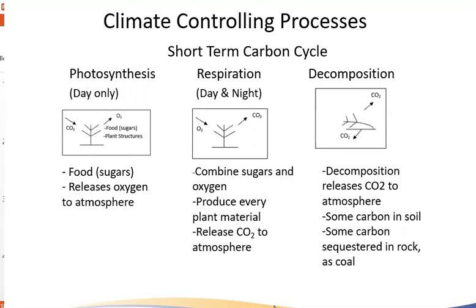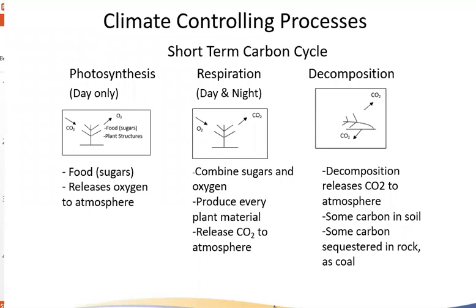So let's move to the middle picture there. Both day and night plants respire just as we do. They combine oxygen which they draw from the atmosphere, and the sugars and starches that they produce through photosynthesis to produce energy for the plant and plant materials for its structure.